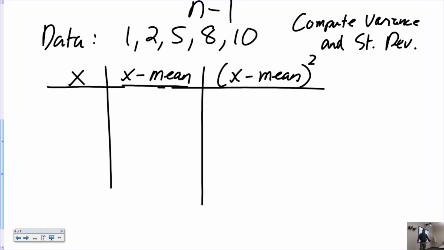Because those are the things you have to add up, folks, is this last column, right? When we have all of these numbers for every X, we can just add them up, okay?